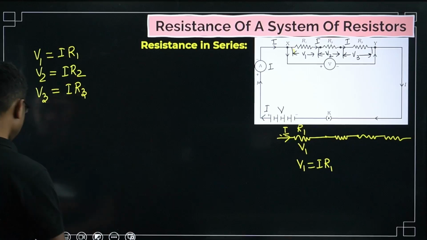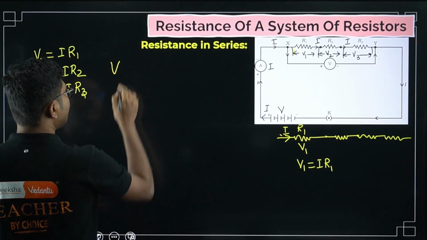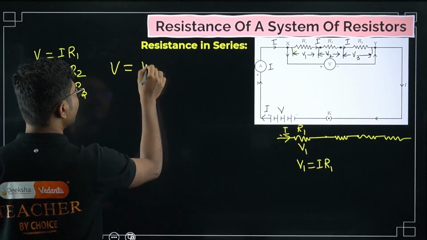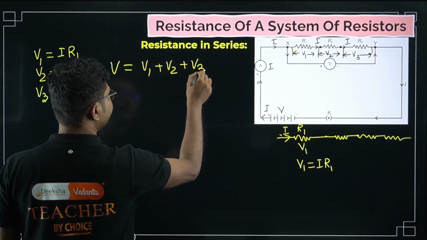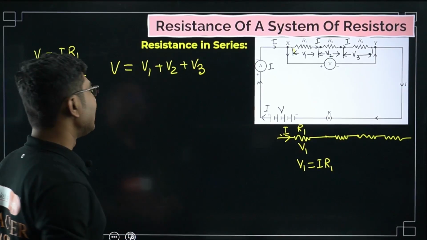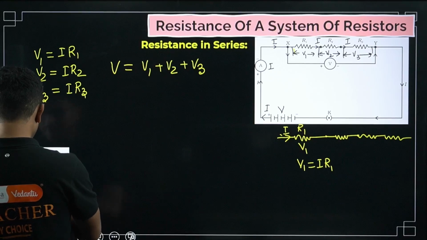So total voltage V equals V1 plus V2 plus V3. This is the equivalent total voltage.